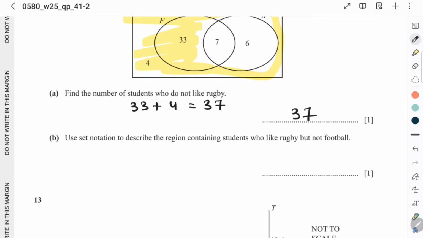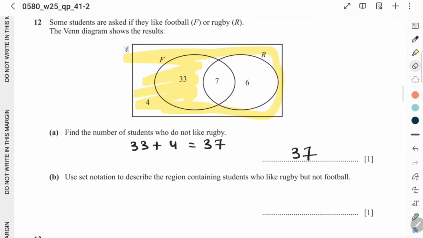Now let's use set notation to describe the region containing students who like rugby but not football. Like rugby but not football means they only like rugby in this question. It means these ones. If I shade it, I'll have this space.